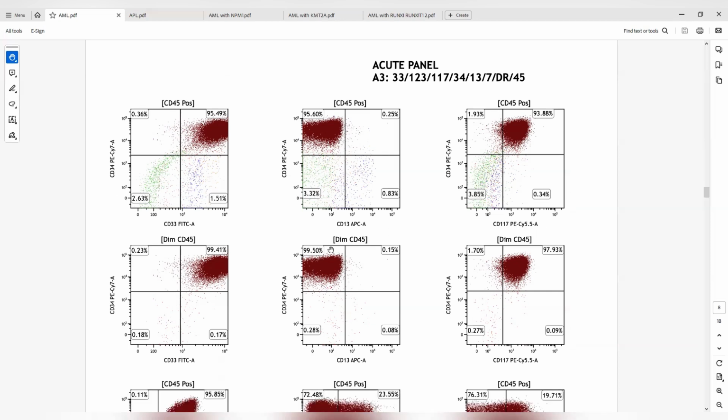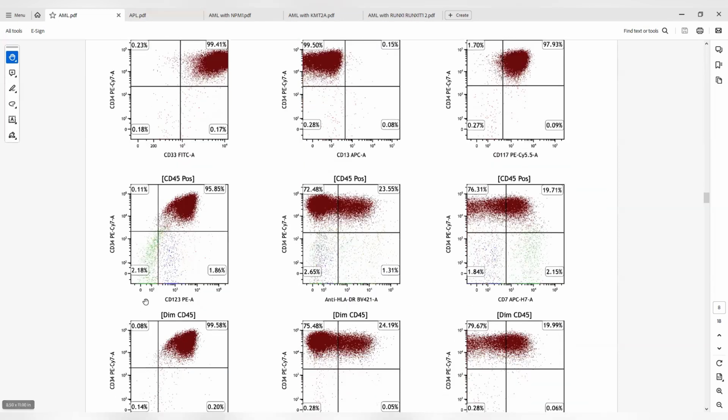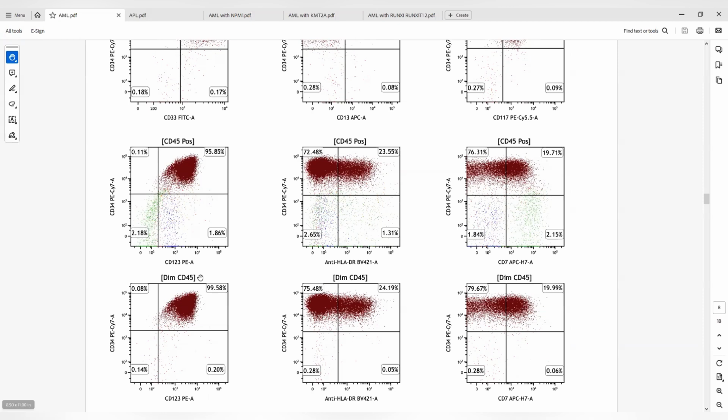So let's continue looking at these plots. CD123 is positive here, in about 99.5% of the abnormal blasts that we have. And this is helpful because we have targeted therapy against CD123. So whenever you report CD123, give a percentage for how many of the abnormal blasts are positive. HLA-DR is not a specific marker.